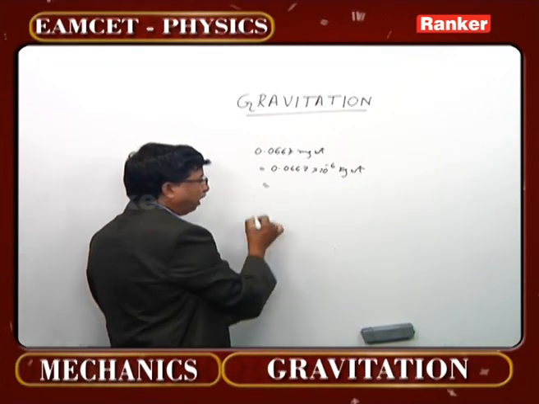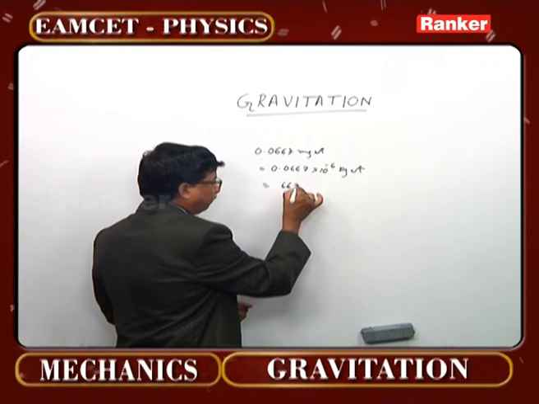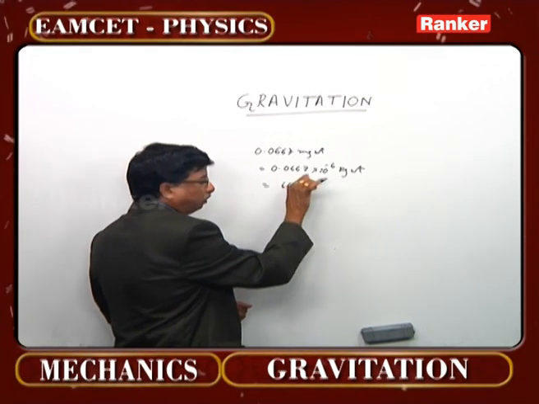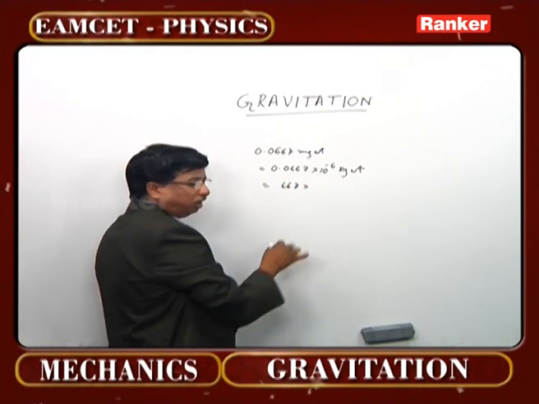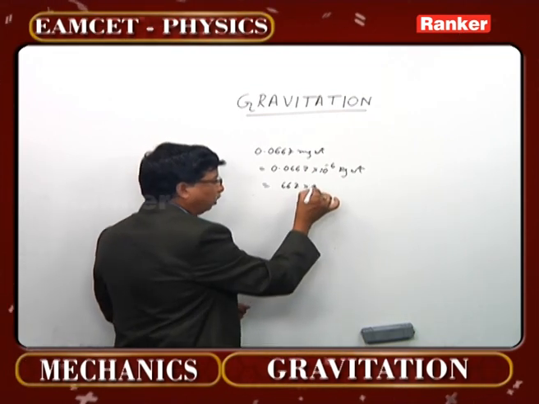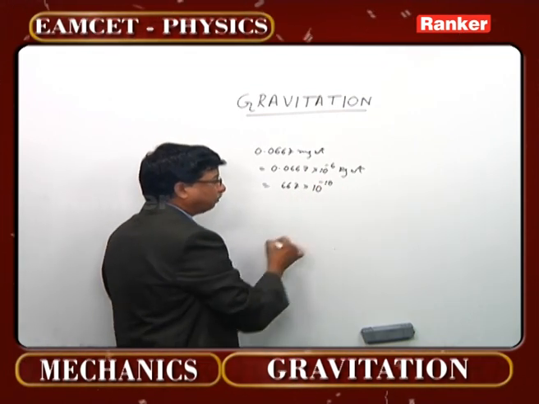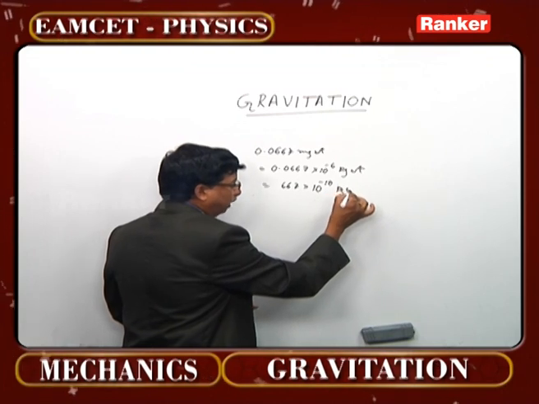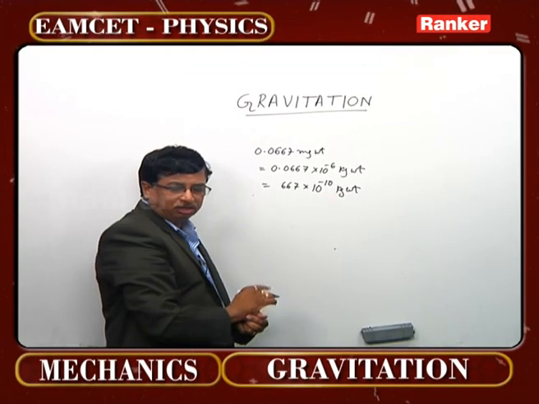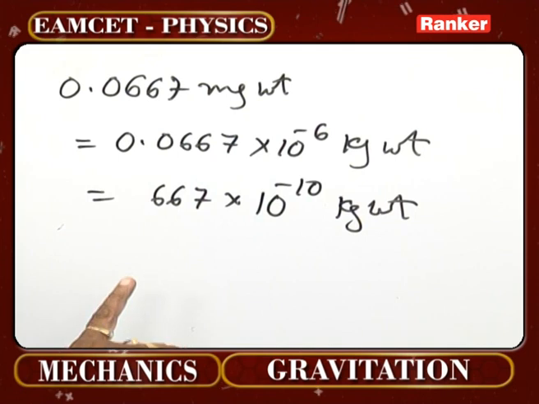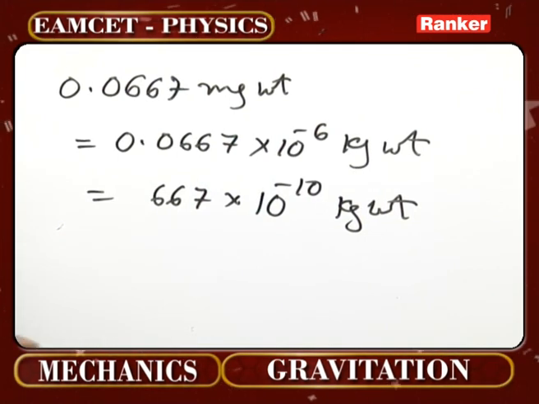Now if we eliminate the decimal point, we can write 667 into 10 power minus 4, and 10 power minus 4 and 10 power minus 6 together now become 10 power minus 10 kg weight. But we know pretty well each kg weight is equal to 10 Newton, that is g Newton.